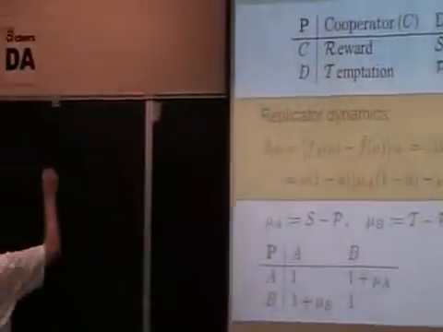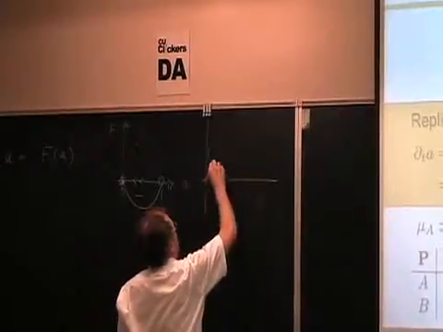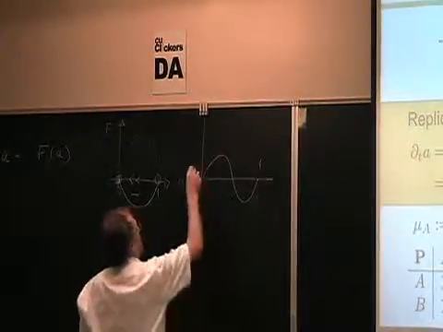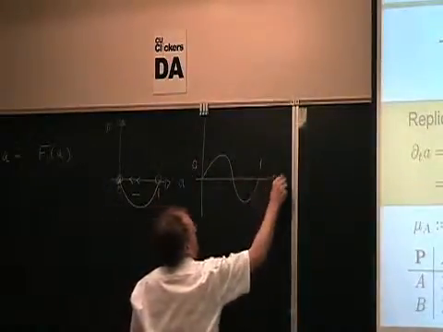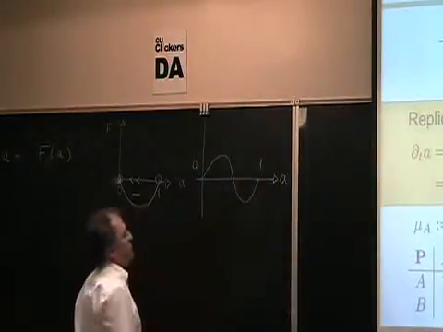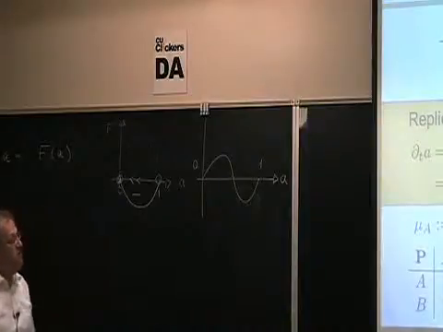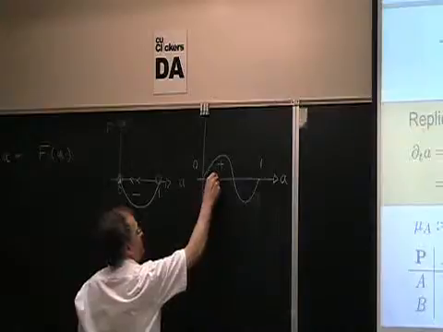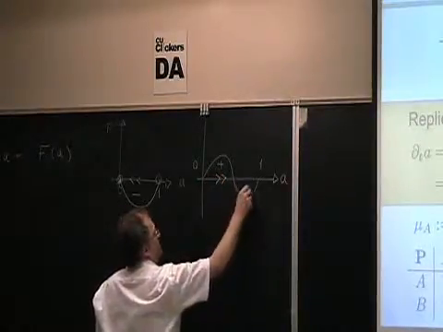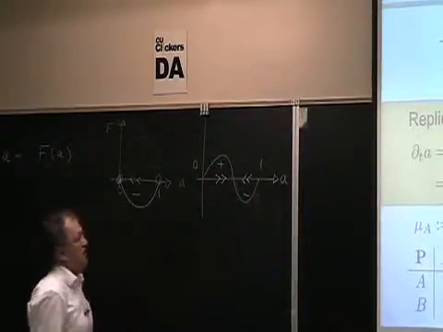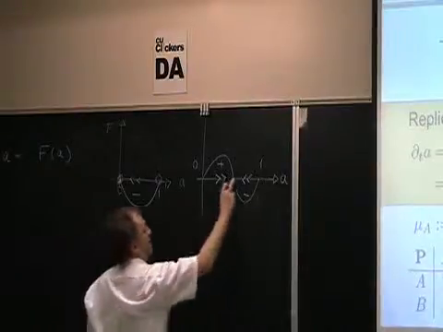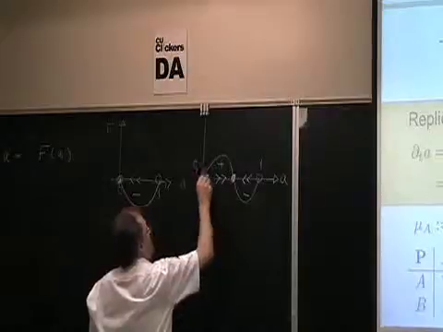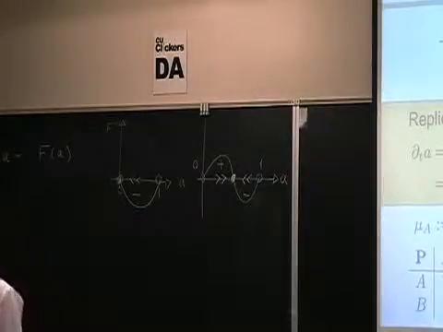So the structure of that function looks now like this. As I go from 0 to 1, there is a point where f of a crosses 0. Same kind of argument. Here you have a positive value of f. The flow goes this way. Here you have a negative value of f. The flow goes that way. So we end up with a stable fixed point here and two unstable fixed points there.